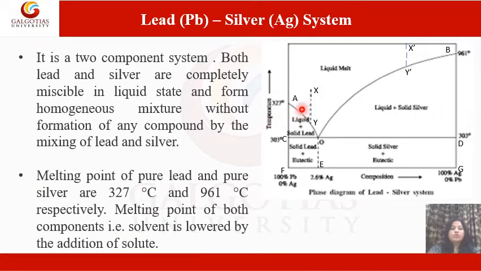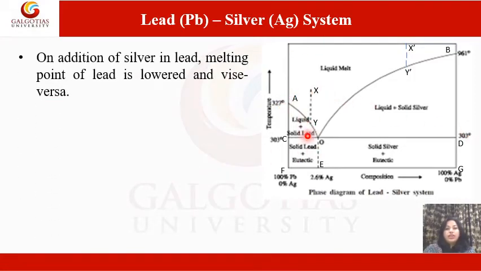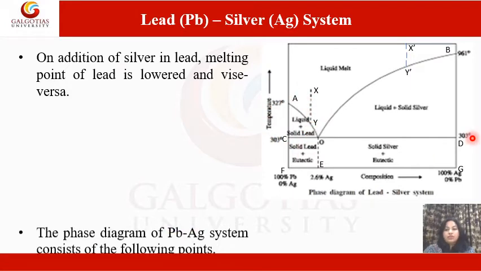Melting point of the pure lead and silver are 327 degrees Celsius and 961 degrees Celsius respectively. Melting point of both components, that is solvent, is lowered by the addition of the solute. On addition of the silver in the lead, melting point of the lead is lowered and vice versa.